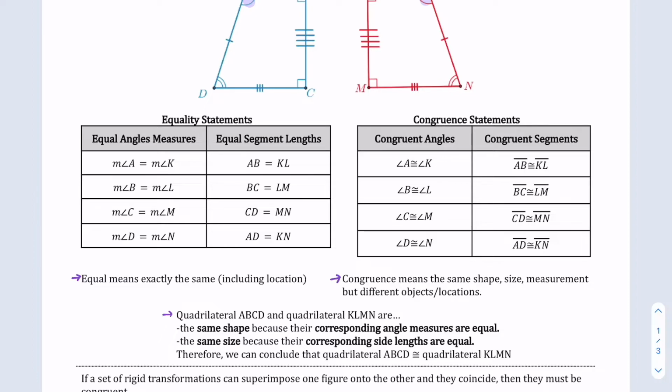Like how AD and KN had just the one tick mark, those are corresponding. They're the same length, they're equal. So therefore, we can conclude that quadrilateral ABCD is congruent to quadrilateral KLMN. Okay, so we can't say they're equal because they're not the same thing. They're two different objects, but we can say that they're congruent.